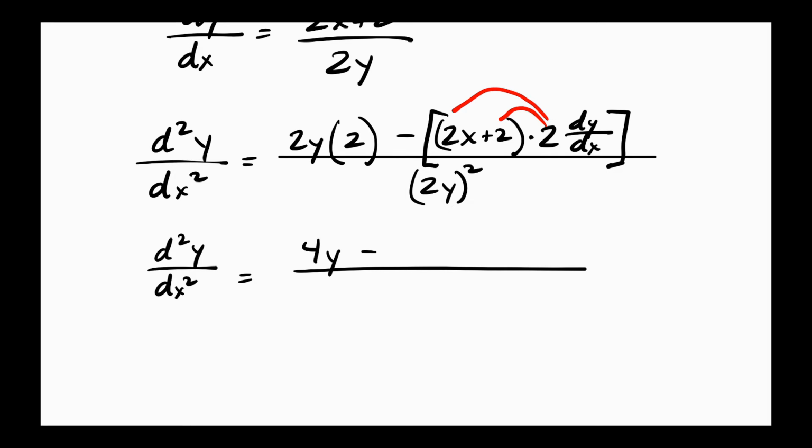So it's going to be minus 4x plus 4 dy dx. And then down here it's 4y squared because everything in there is squared. Wait, I should still have these in parentheses, in brackets though.